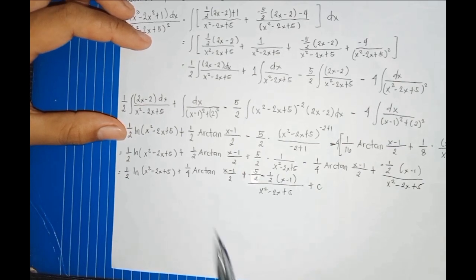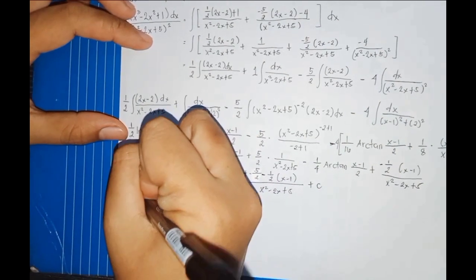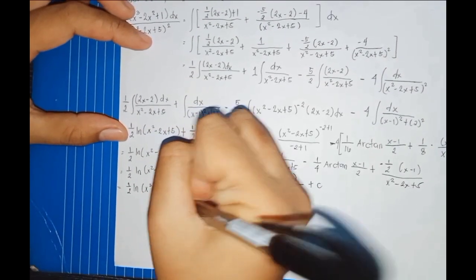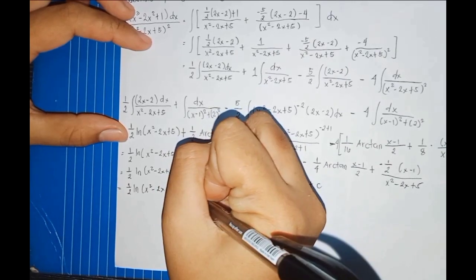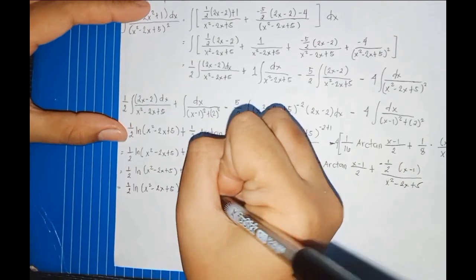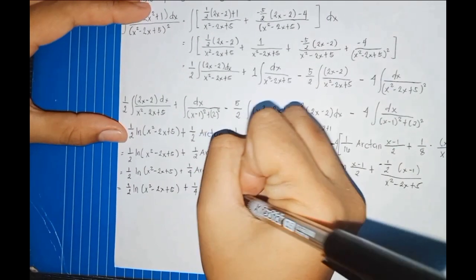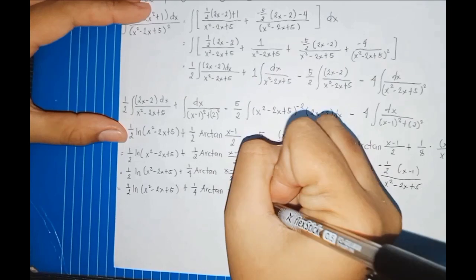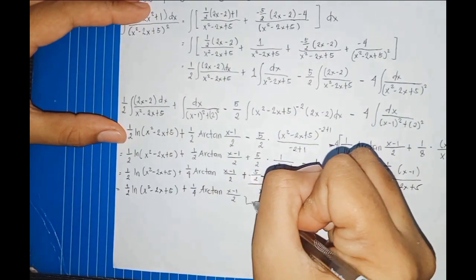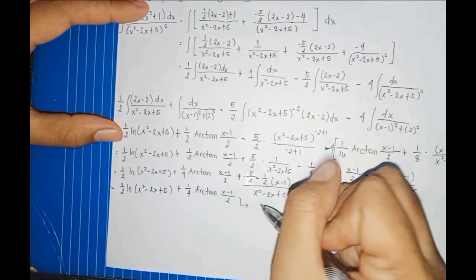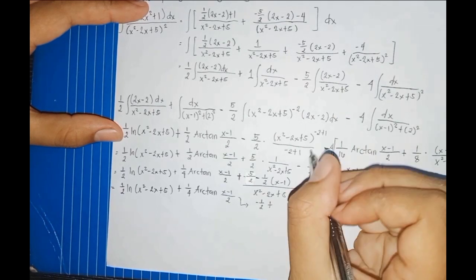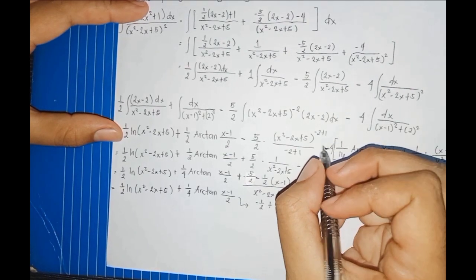So the next thing that will happen will be 1/2 ln x squared minus 2x plus 5 plus 1/4 arctan x minus 1 over 2. So this will become negative 1/2 plus 3.